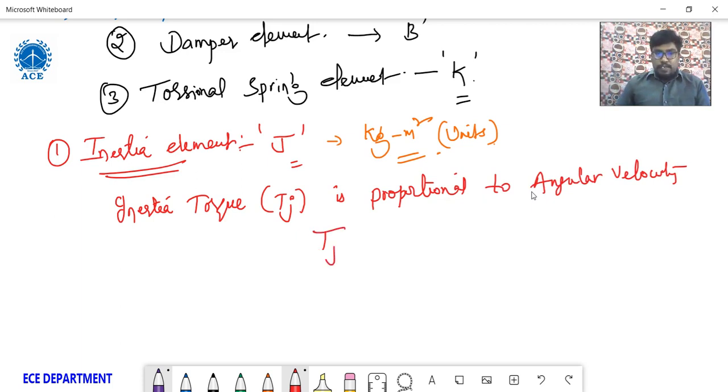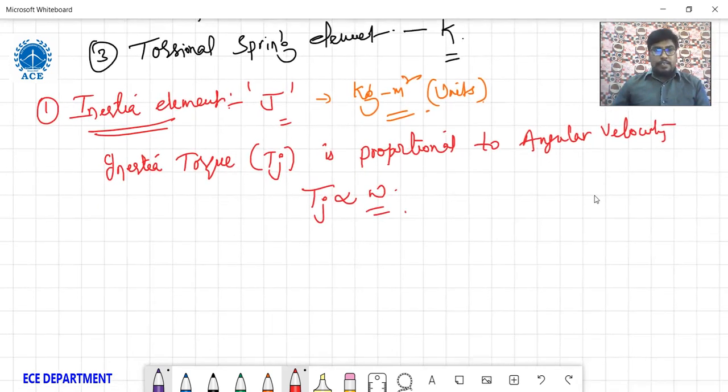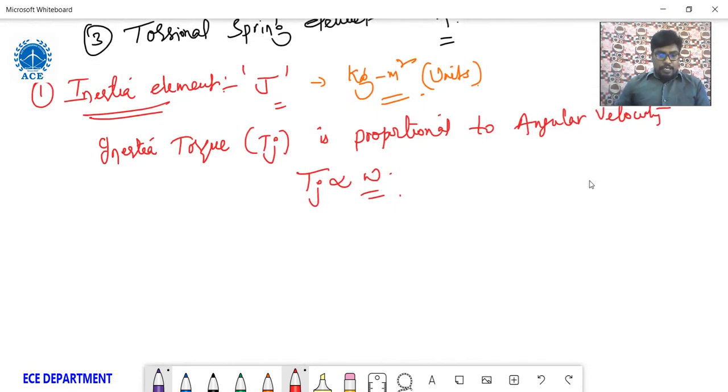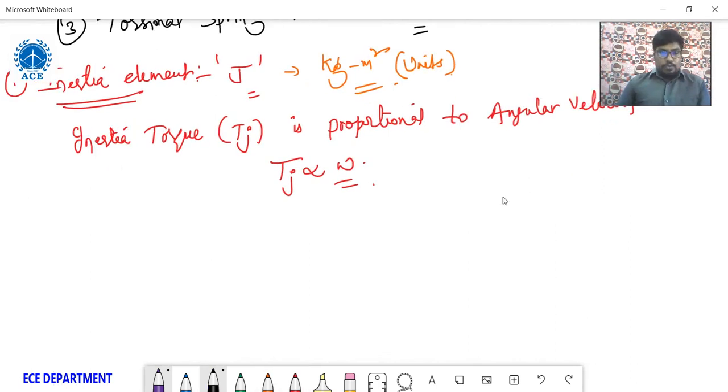So this can be written as Tj directly proportional to angular velocity, omega. I will write the equation. We need to write the torque equation here. So let us consider a system.